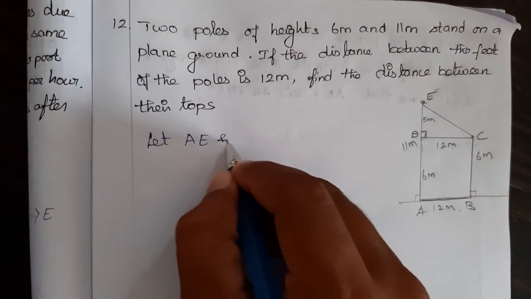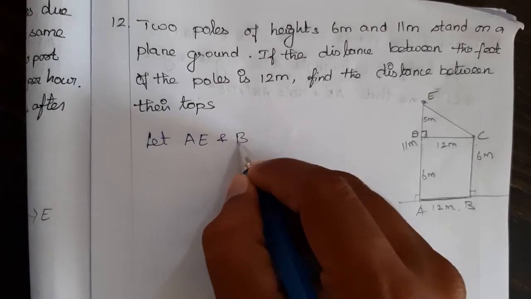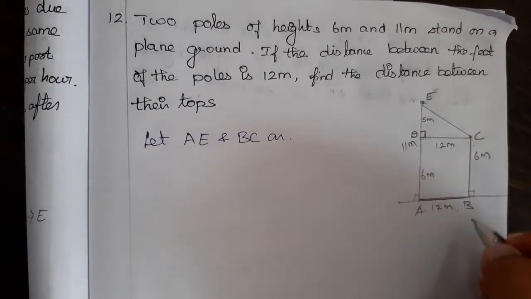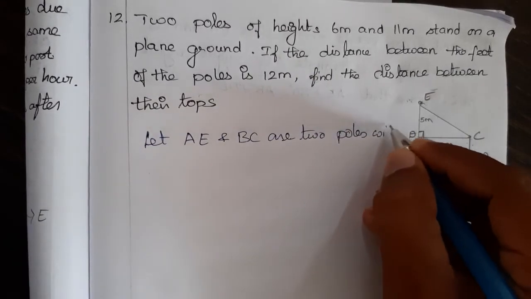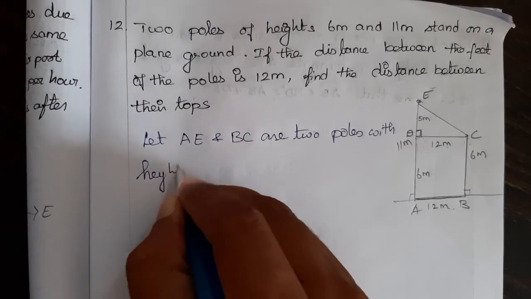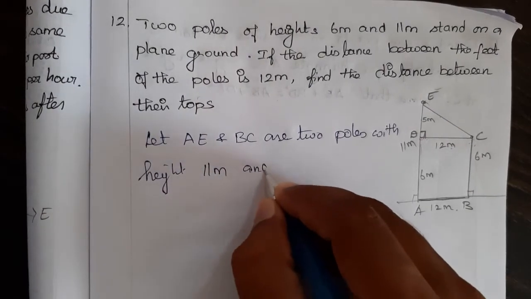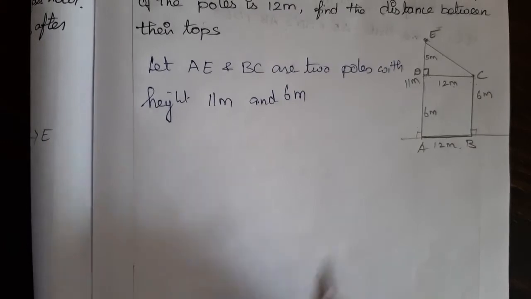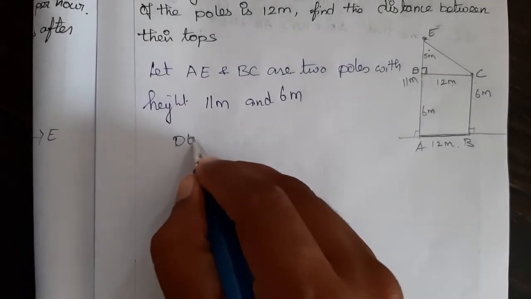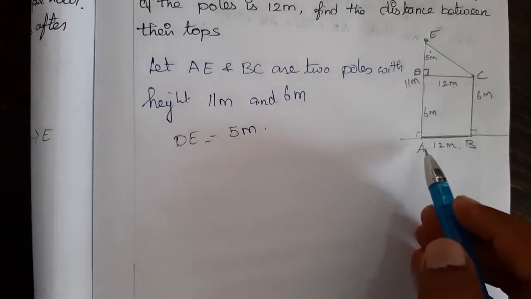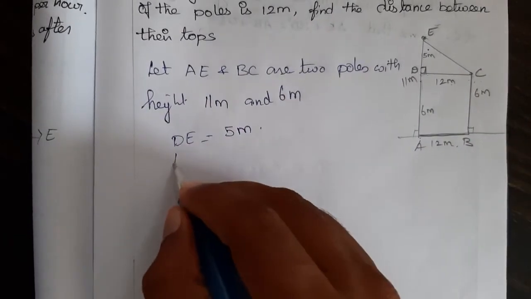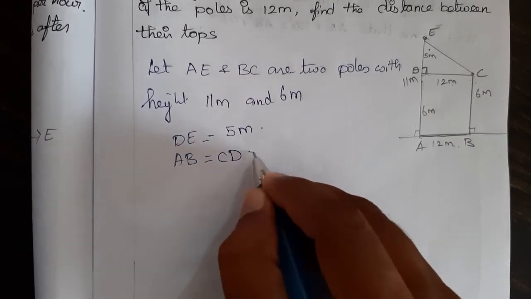Let AE and BC be two poles with height 11 meter and 6 meter, and we know that DE is equal to 5 meter, which we have found, and we know that AB is equal to DC is equal to 12 meter that we have constructed.